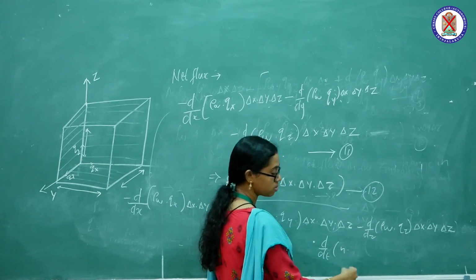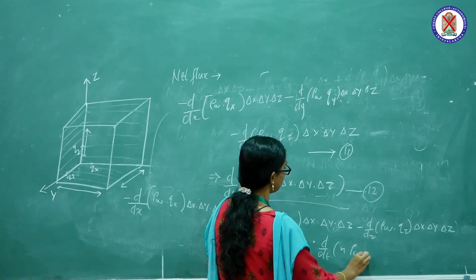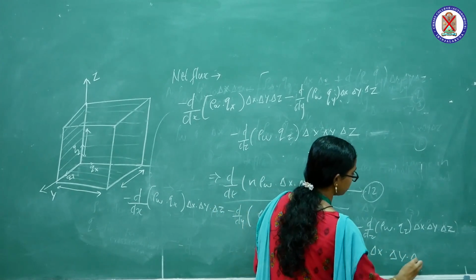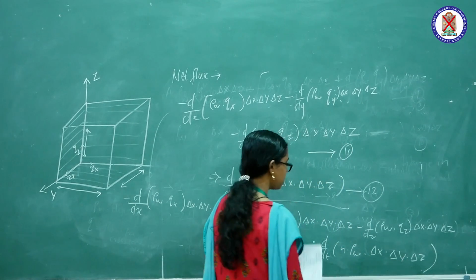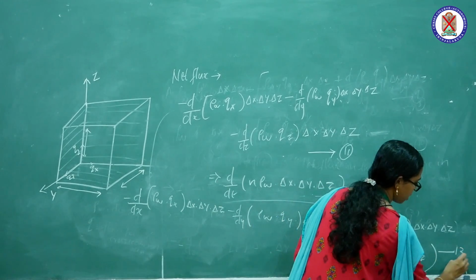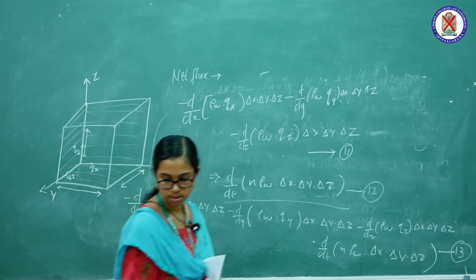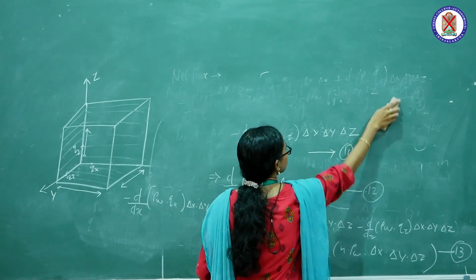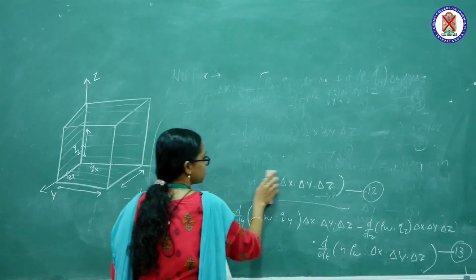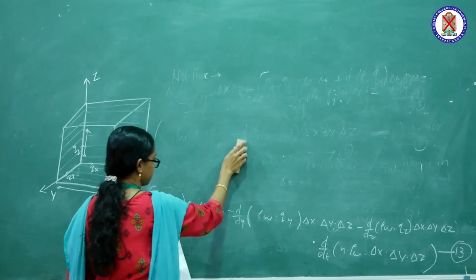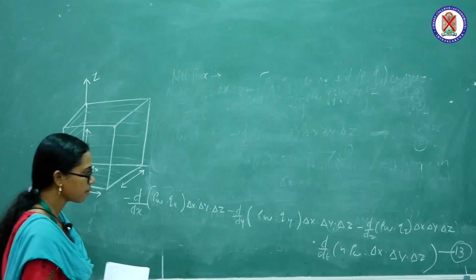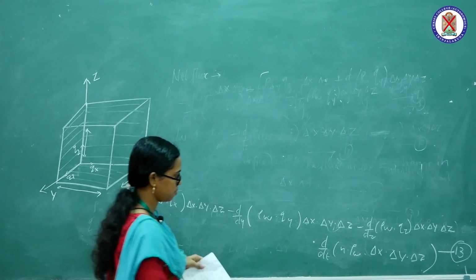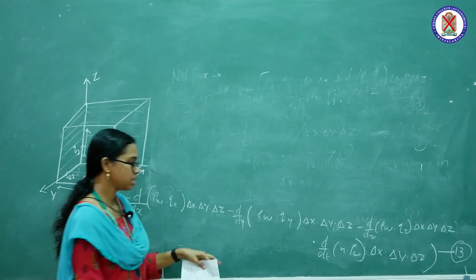Here n means the porosity, rho w is the density, and delta x, delta y and delta z are the changes in length along all three axes. This is equation number 13.